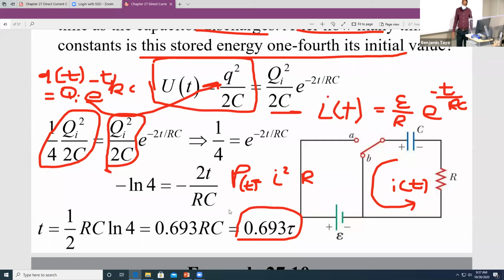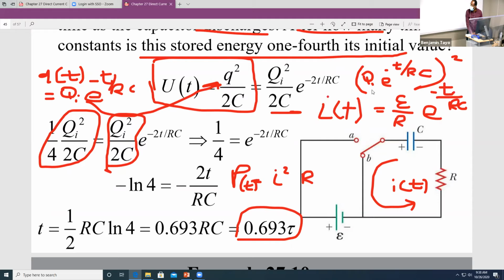The 2 comes from taking the square of this quantity here. I apologize for this being a little bit messy, but you're taking Q_i e to the negative t over RC, and then you want to square all of these.